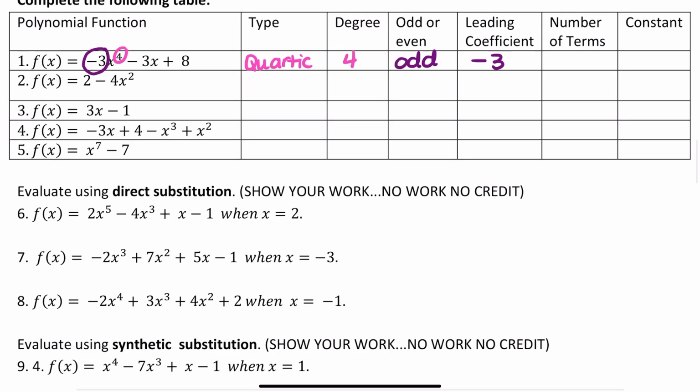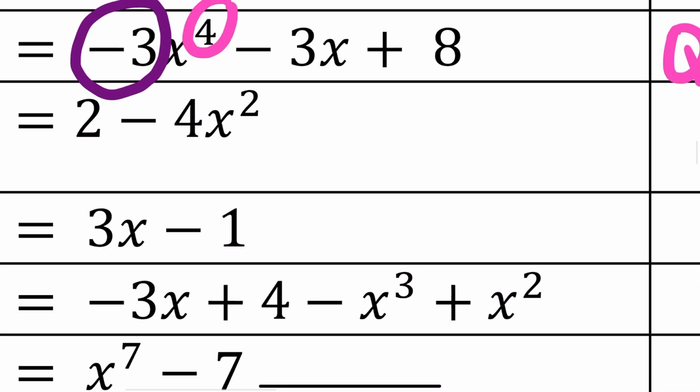We're going to leave off the number of terms here. It's not necessary for this, but if you did want to look at it, there are 2 operations in this problem. So there are 3 terms, 1, 2, 3.